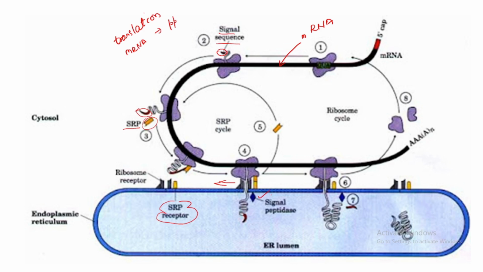There, another enzyme called signal peptidase is present. And what is the role of this signal peptidase? The signal peptidase cleaves the signal sequence away from this nascent polypeptide.